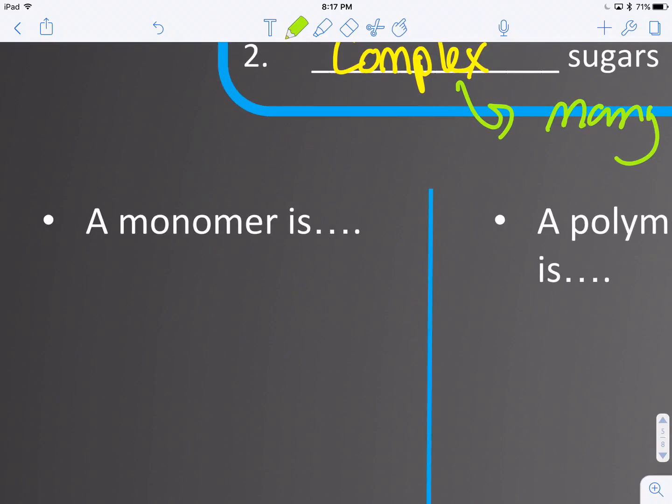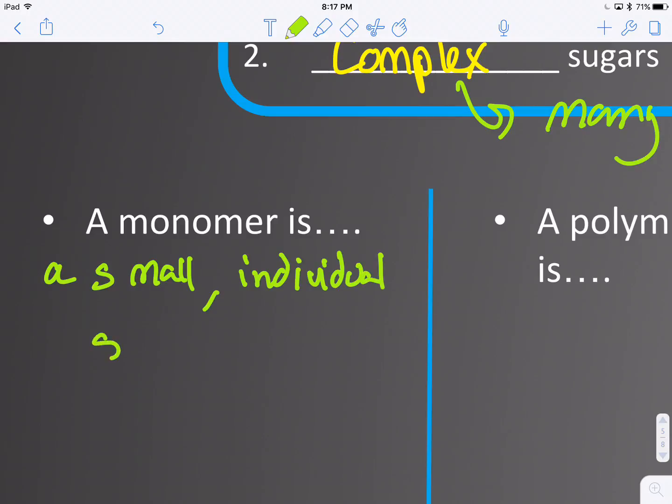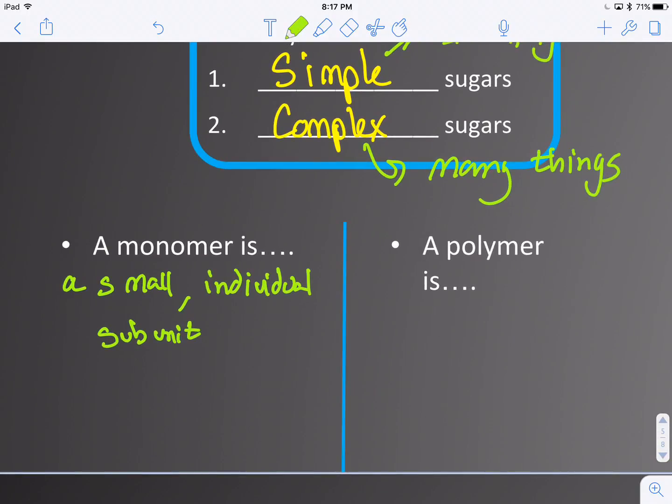The way that we discussed monomers, a monomer is a small individual subunit, whereas we've defined a polymer as a larger complex subunit.